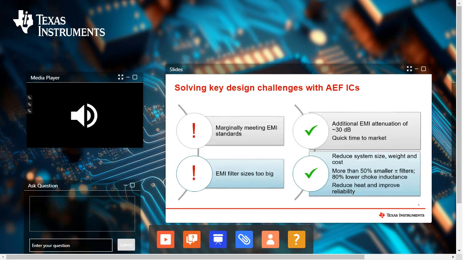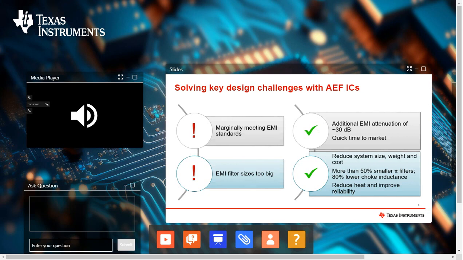There are typically two use cases. Scenario one, when the system is only marginally meeting EMI standards, raising concerns for designers. By adding AEF ICs, additional EMI attenuation of up to 30 dB may be achieved to provide more margin with existing passives and enable quick time to market.